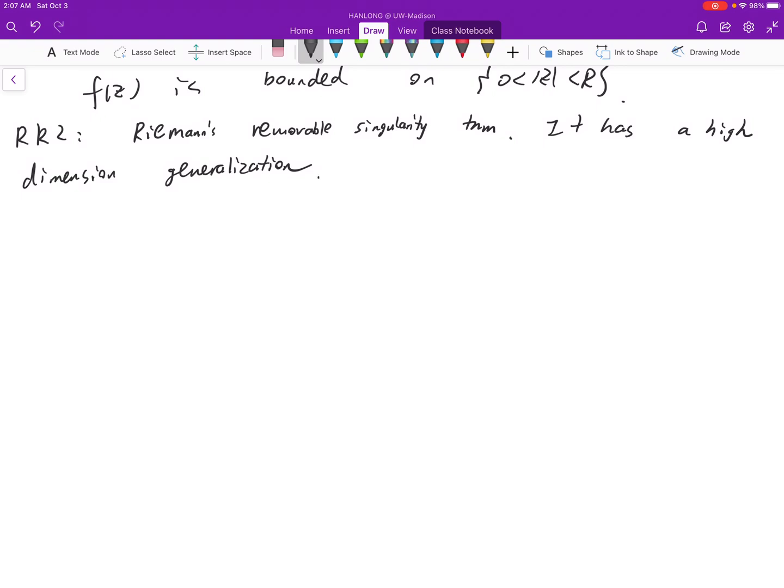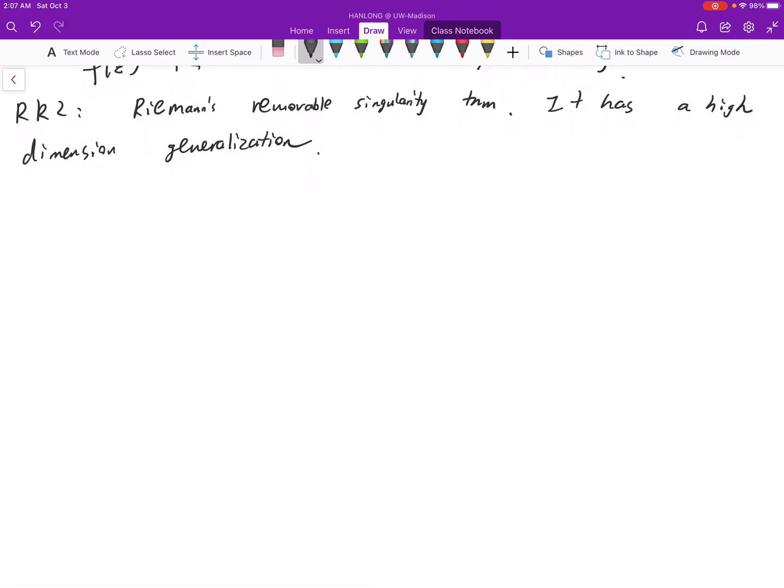I will not get into the details, but basically I can list the properties in the following.